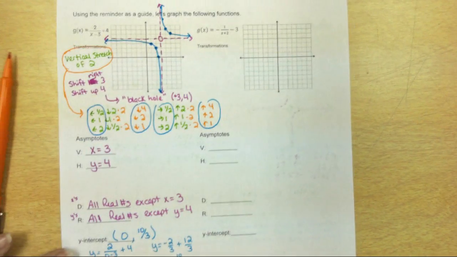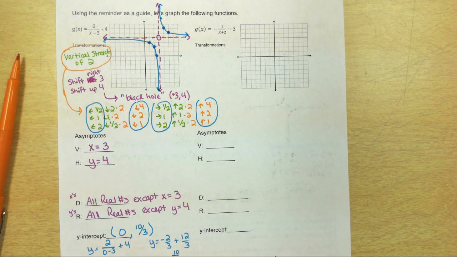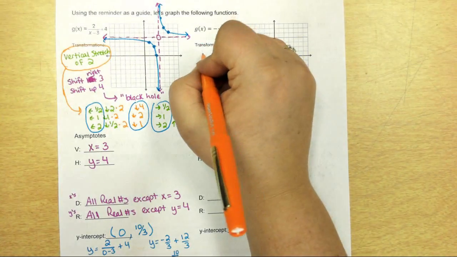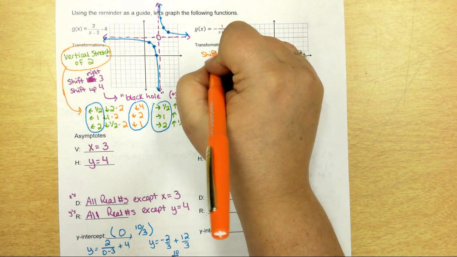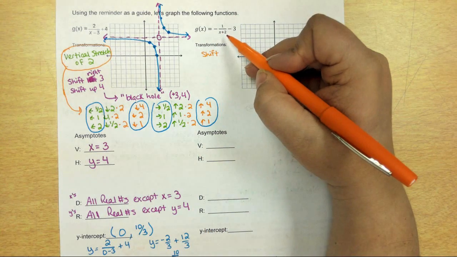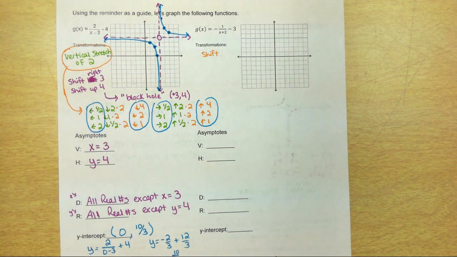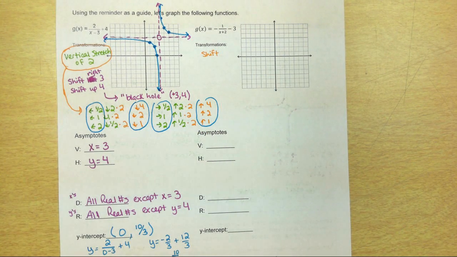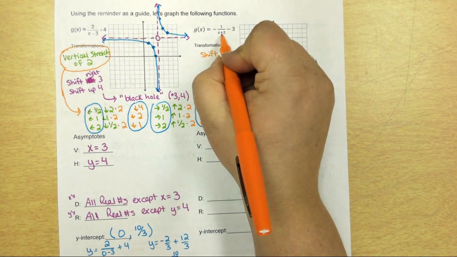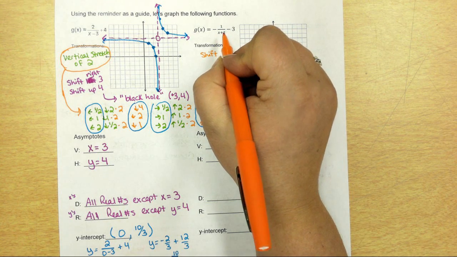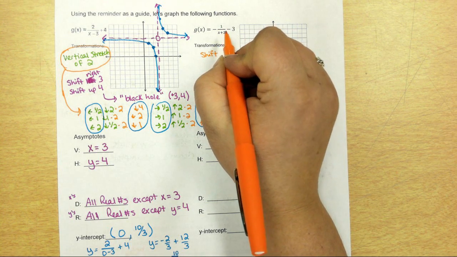Last one. We've got something a little bit different on this one. So let's first talk about our shifts. We've got to shift which way. So looking at the denominator, it's a plus sign. So hopefully you know that even though Mrs. Black messed up on the last one, hopefully you remember plus signs go left, minus signs go right.